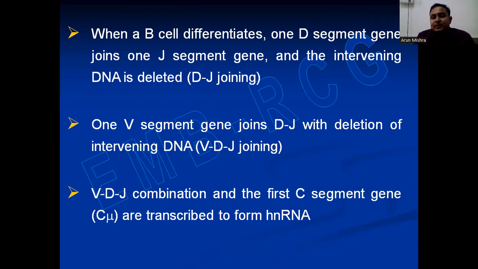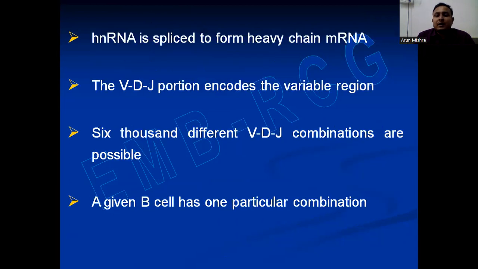One V segment gene joins the DJ with deletion of intervening DNA. And the VDJ combination and the first C segment gene are transcribed to form hnRNA. The hnRNA is spliced to form a heavy chain mRNA. The VDJ joined portion encodes the variable region, and there are 6,000 different VDJ combinations possible.